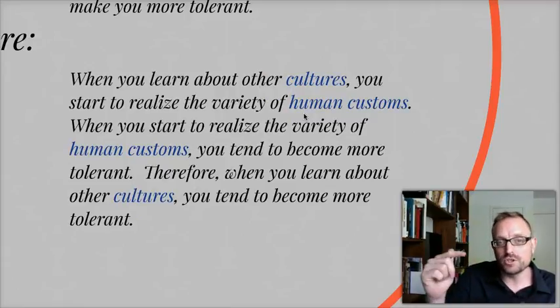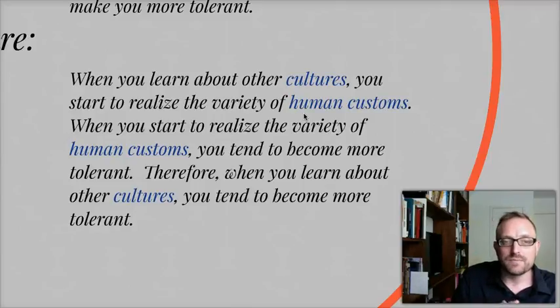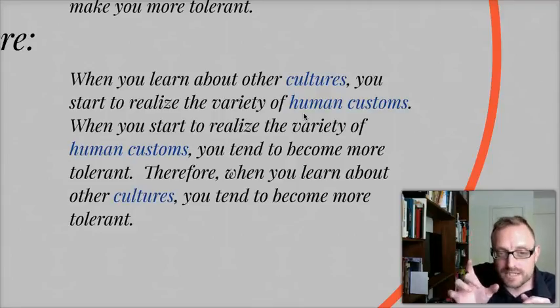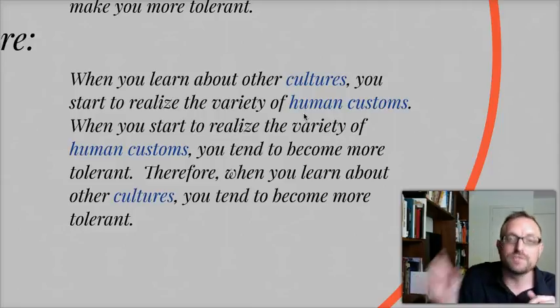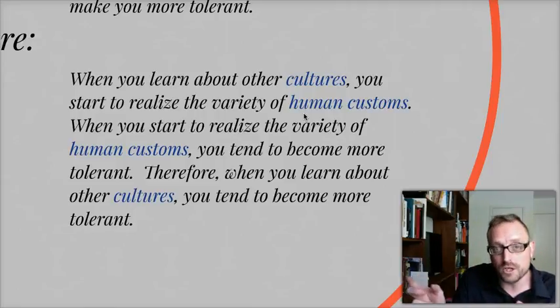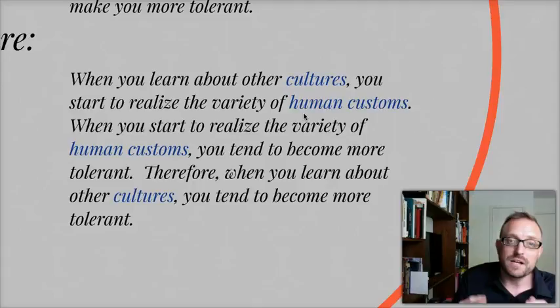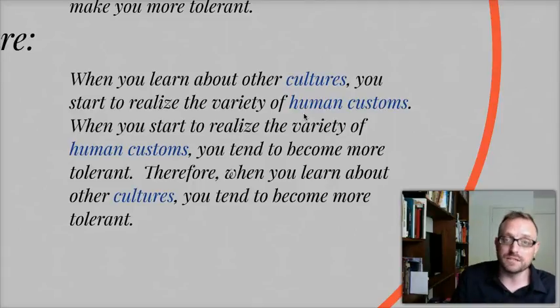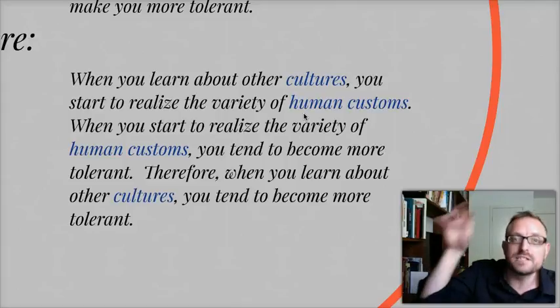So you see cultures in the beginning, you see it at the end, you also see human customs. So it says when you learn about cultures, you start to realize the variety of human customs. And then they're saying when you learn the variety of human customs, then you become tolerant. Therefore, when you learn about cultures, you become more tolerant. This is actually a particular form of argument we call the hypothetical syllogism, where you're saying, if you learn this, then you learn this.